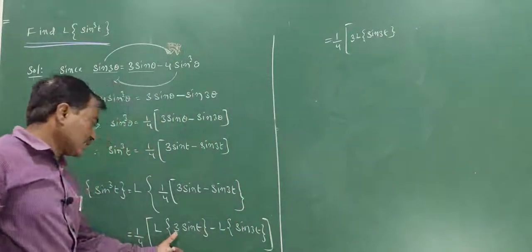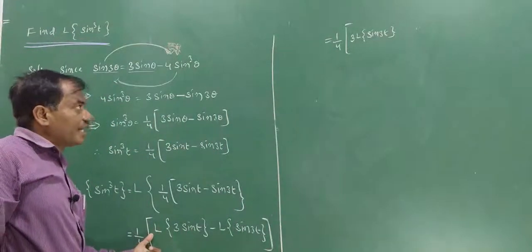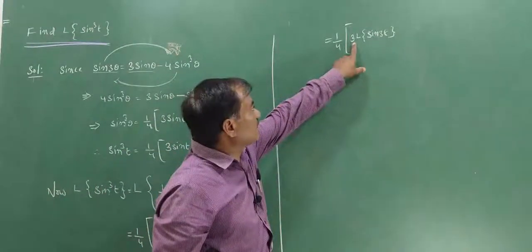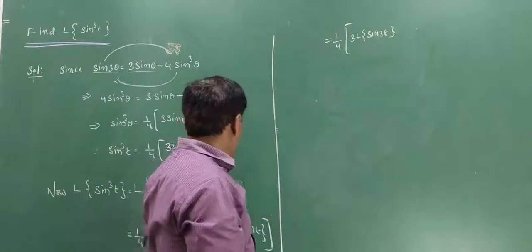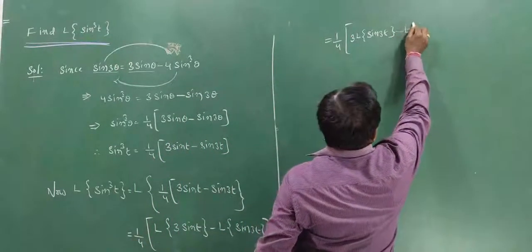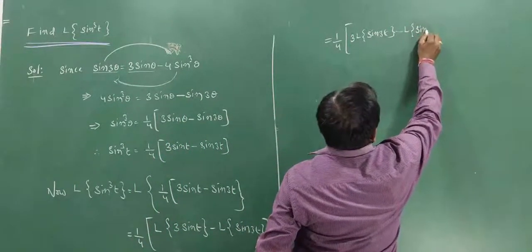Since this 3 is a constant, we shift it outside the operator.